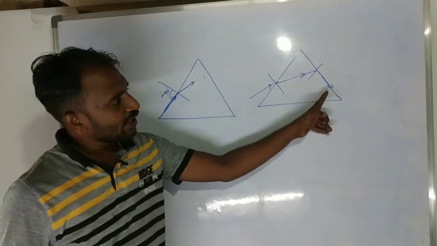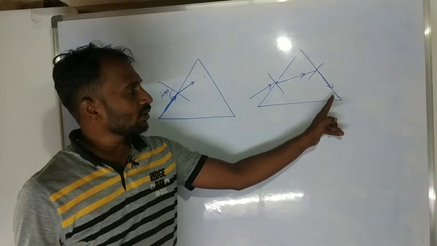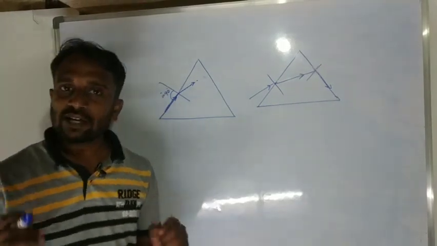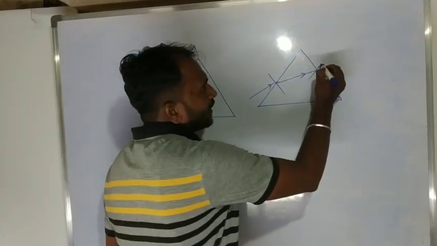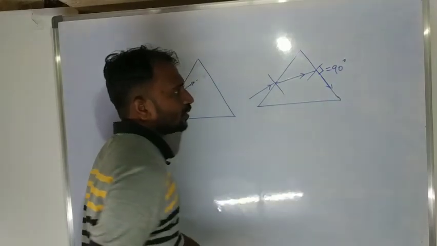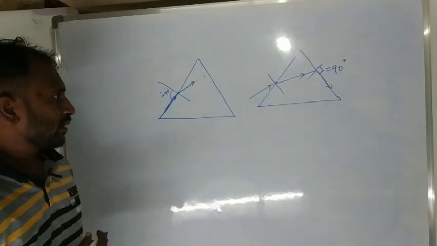This emergent ray is present along the second refracting surface, and this angle is 90 degrees.